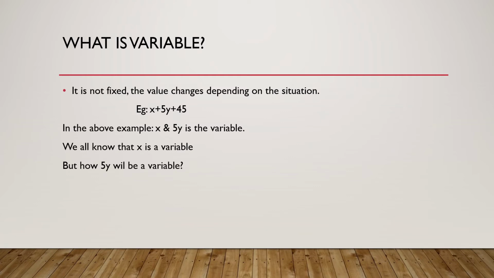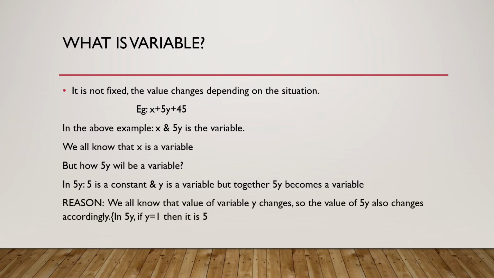Here, let's take the example of the term 5y. 5y is a variable. In this, 5 is a constant, but y will keep on changing. If y is taken as 1, then the answer will be 5.